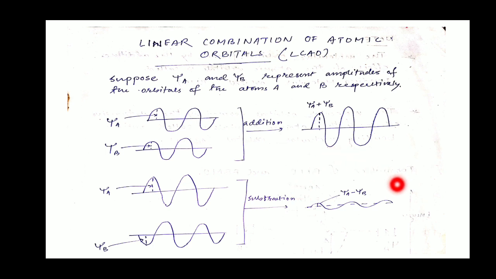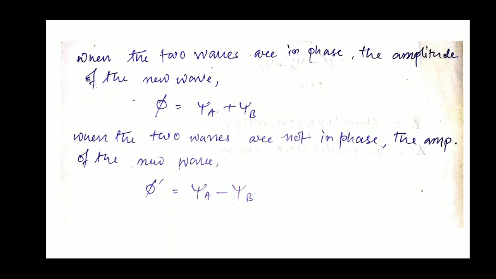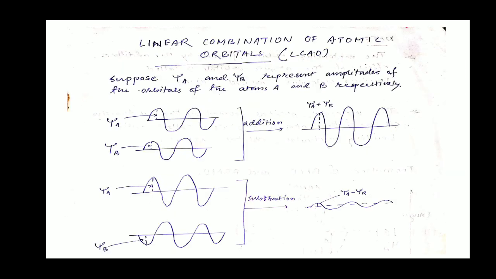So for destructive interference, they will have a structure like this. Remember one thing, in destructive interference, the phases of the amplitude waves are not the same. So they just undergo subtraction, and as a result they form a wave whose amplitude is equal to psi A minus psi B.